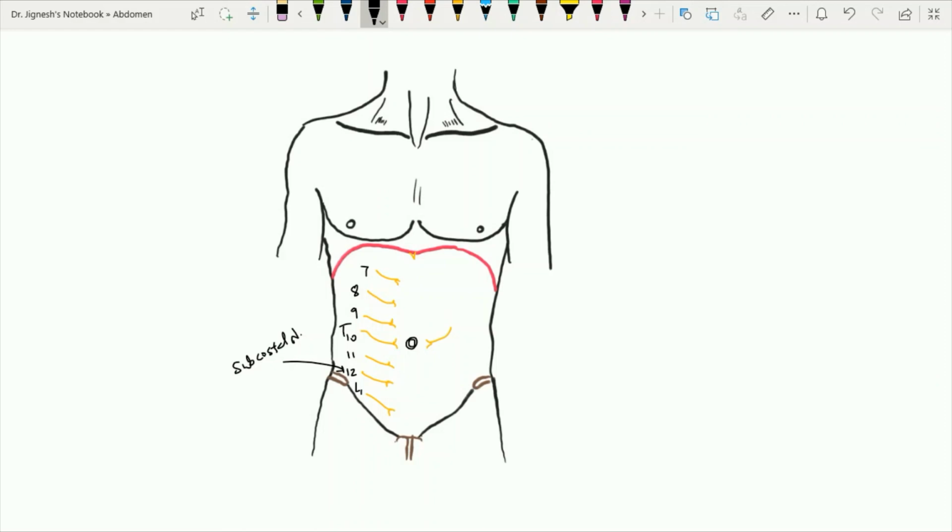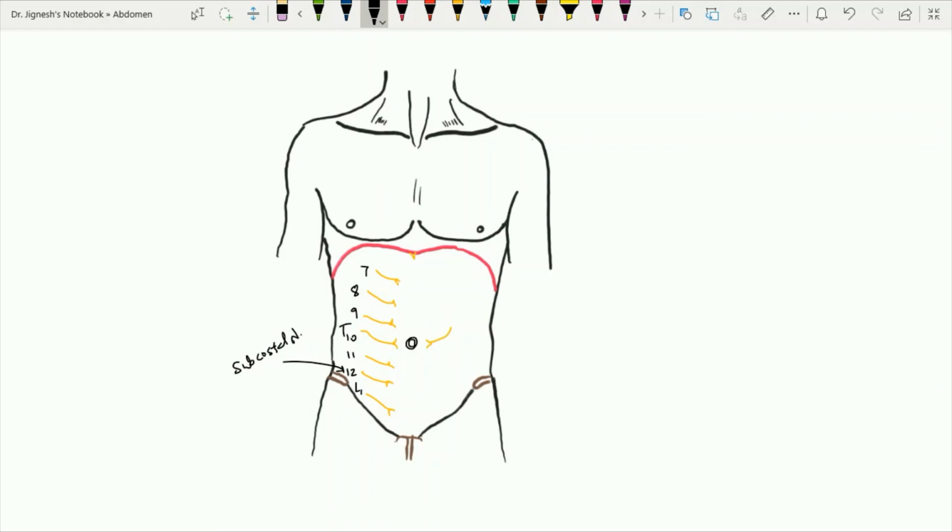So we can say that the appendix is also supplied by the T10 spinal nerve. Along with it, the testes and the ovaries also have the same innervation from the T10 segment, and that's why any disease concerned with the vermiform appendix or the testis or ovary may lead to referred pain around the umbilicus.